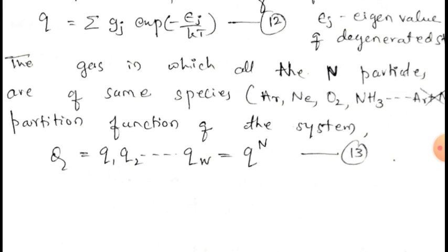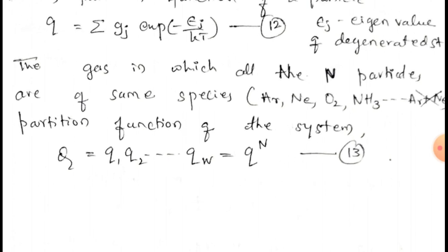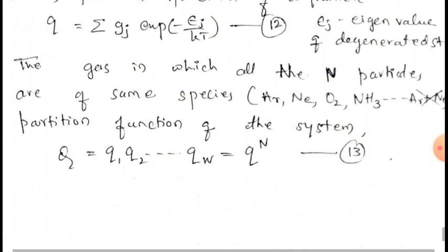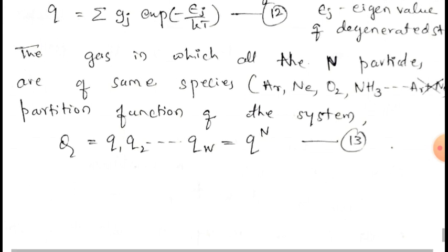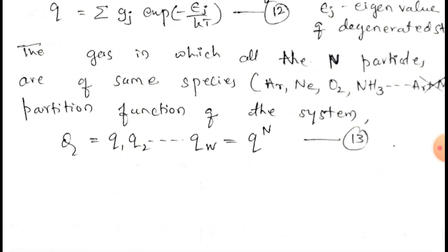If the whole system consists of identical species, that is the same particles, then the partition function of the whole system is equal to the product of partition functions of all the contained particles. And since all those particles are identical, we can write capital Q, the partition function of a system, is equal to small q raised to n when there are n particles.